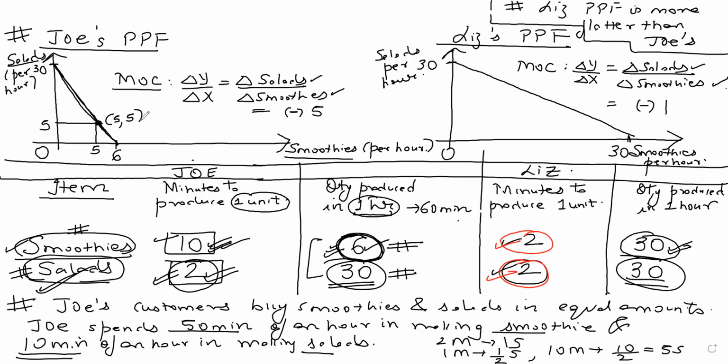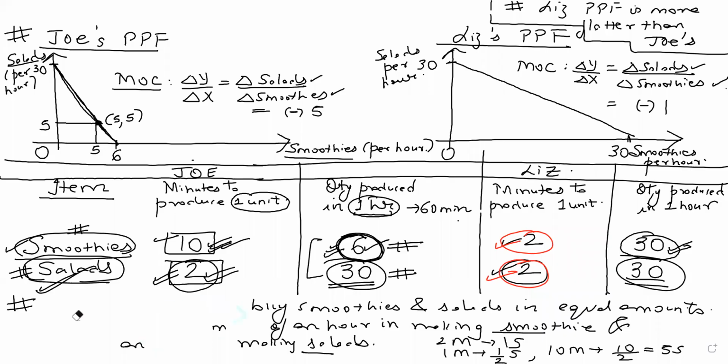Okay. And on the other hand, if I talk about Liz, suppose Liz also has the same characteristic as Joey, the customers also buy from Liz in equal quantity. So suppose I erase this off.